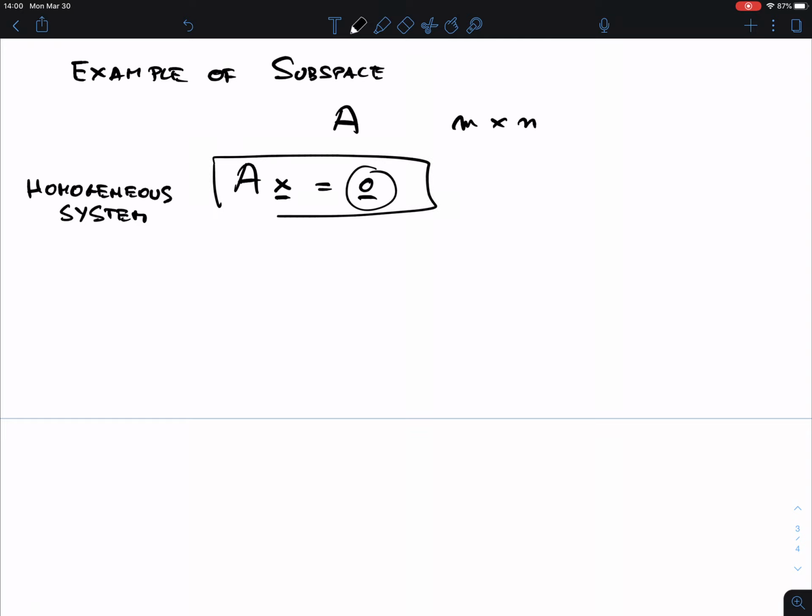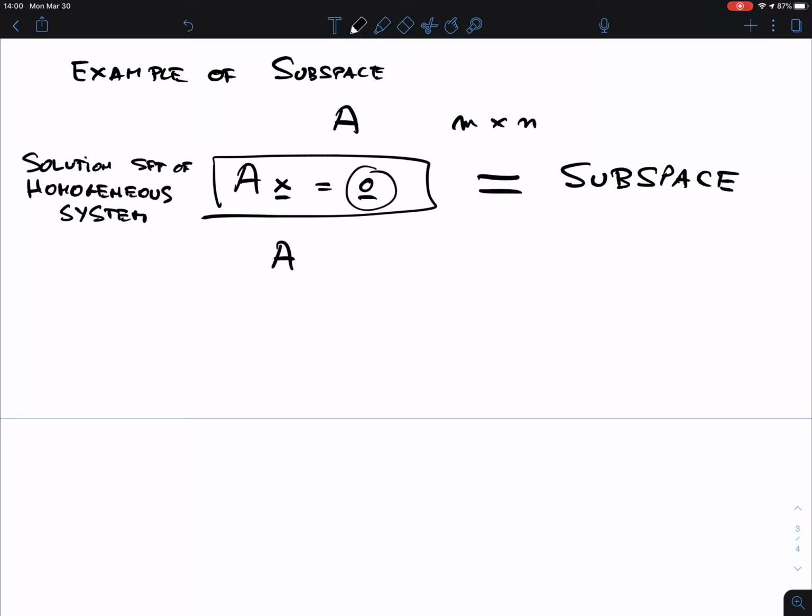The solution set of a homogeneous system of equations is always going to be a subspace. That's the claim. And why is that?